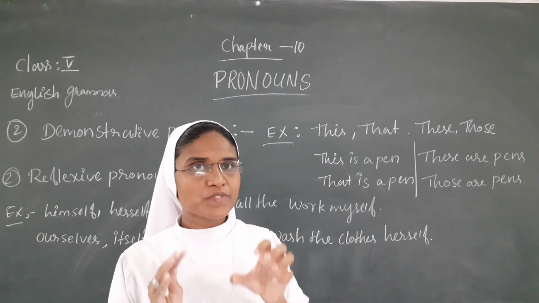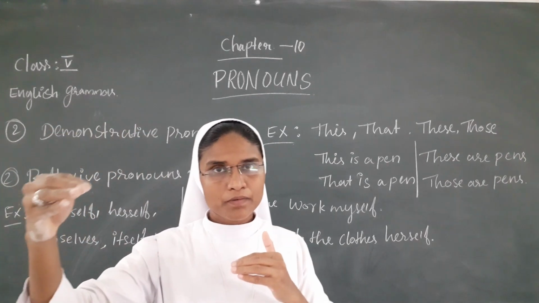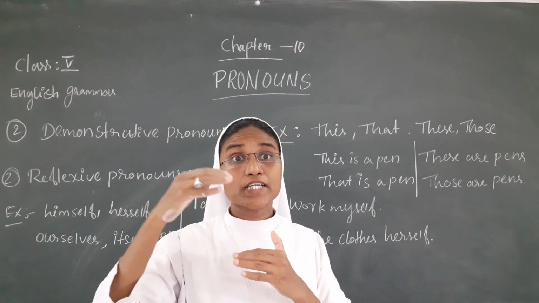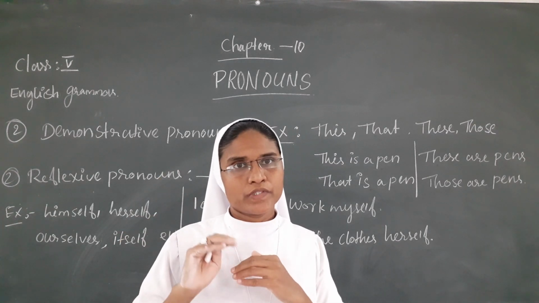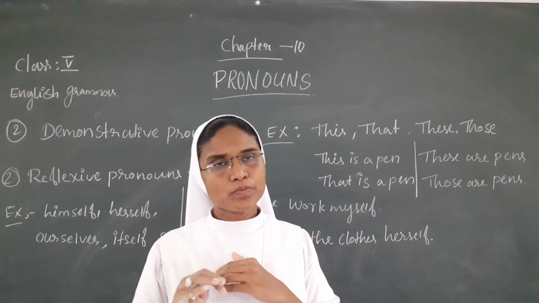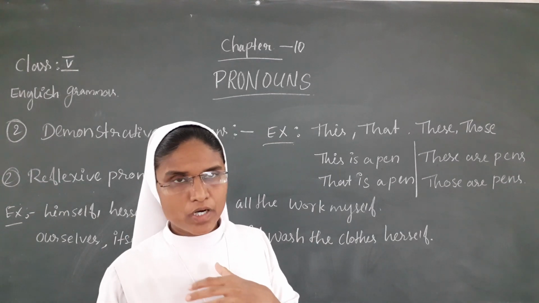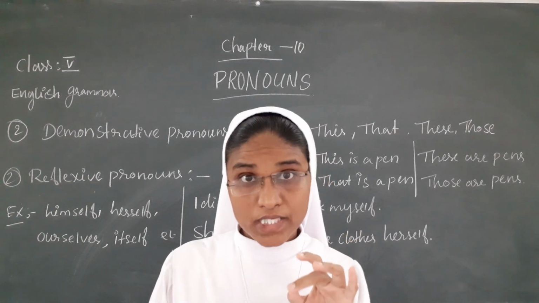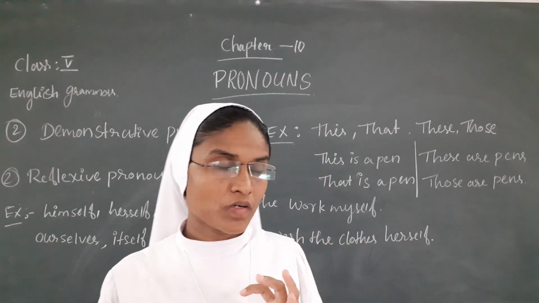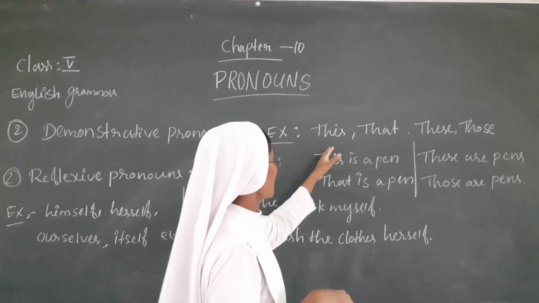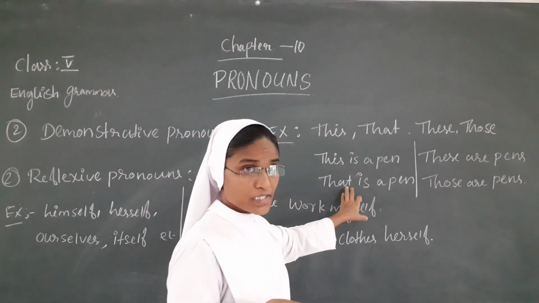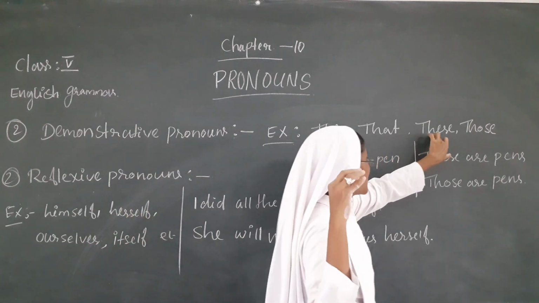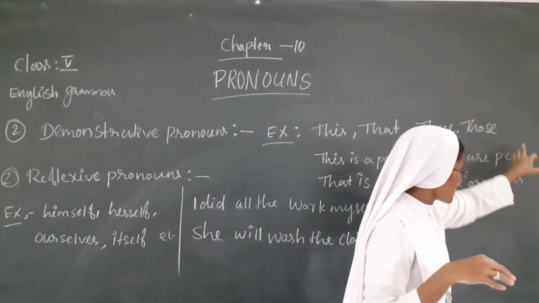To point out an object, whether it is near or far, we use the demonstrative pronouns: this, that, these, those. Singular means this and that. This means near, that means far. These means near, those means far.